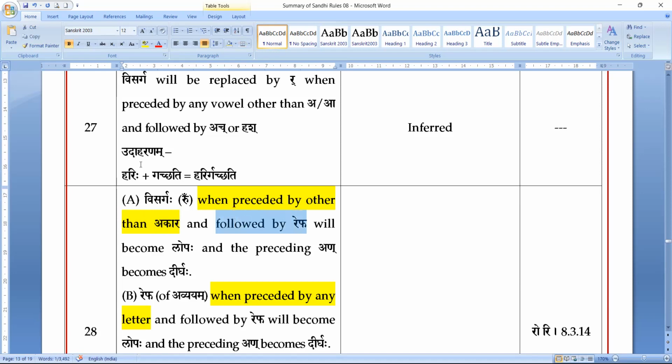And followed by Repa, then what will happen? The Ru will become lopa, not Repa. So when preceded by any vowel other than akara and followed by Repa, the Ru will become lopa, and the preceding vowel will become dirgha.